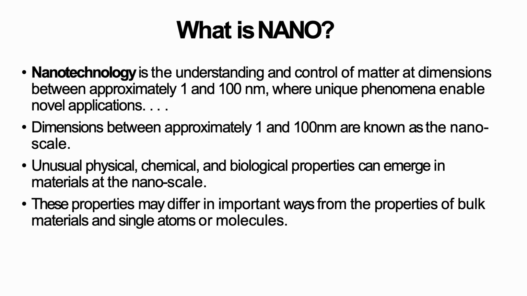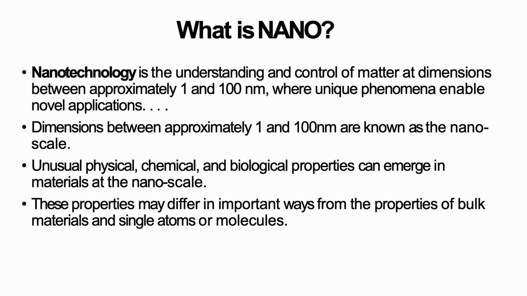So what is nano? I'm going to read the slide for you. Nanotechnology is the understanding and control of matter at dimensions between approximately 1 and 100 nanometers, where unique phenomena enable novel applications. Novel for new. Dimensions between approximately 1 and 100 nanometers are known as the nanoscale.